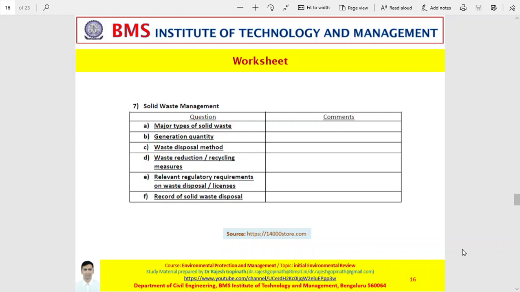Alongside all this, data must also be provided in this worksheet with respect to the licenses which have been procured by the company for carrying out or managing solid waste. Yes, just like the previous parts, here also the company must list the various regulations or legislations that deal with solid waste.